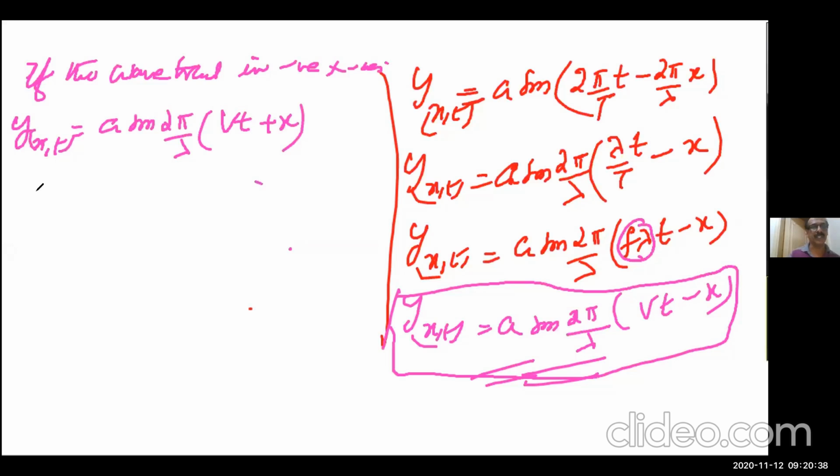In general, this is the expression for the progressive wave traveling in the positive x-axis. Then if the wave travels in the negative x-axis, y(x,t) is equal to A sine 2 pi by lambda (vt plus x).